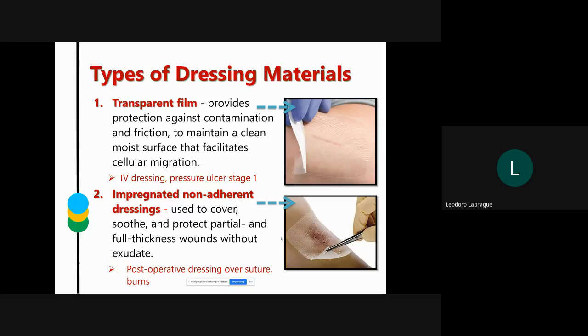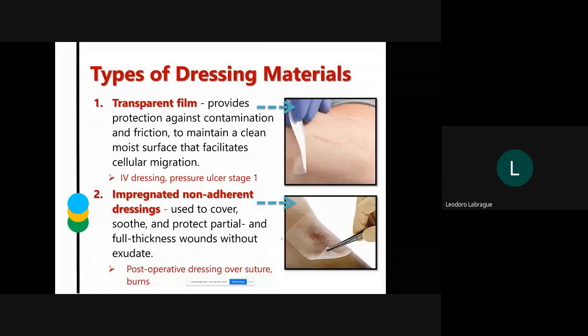The first photo that you can see is a transparent dressing. And when you use transparent dressing, you can easily assess the wound. The good thing about this transparent film is that the wound can be easily assessed. You will know if it is developing or healing normally, or if it is infected.